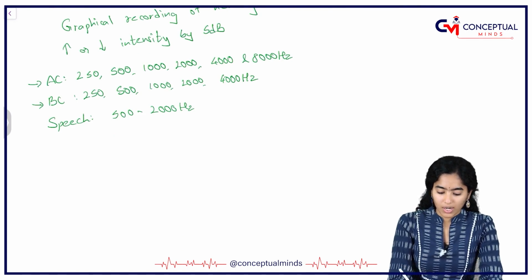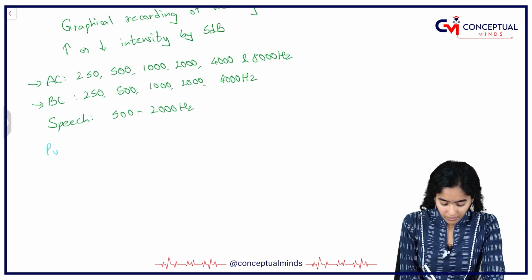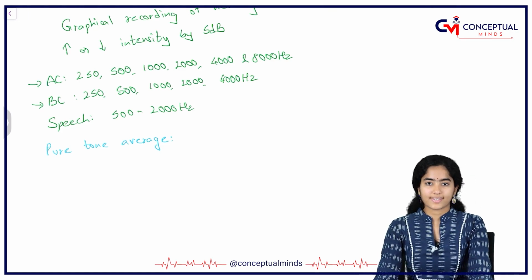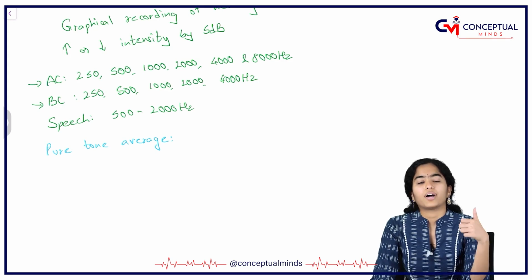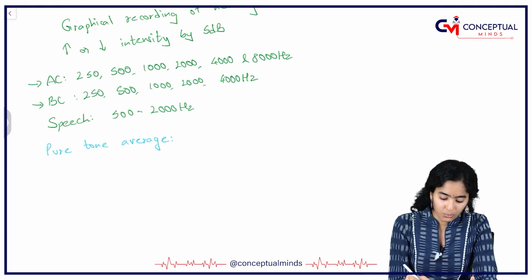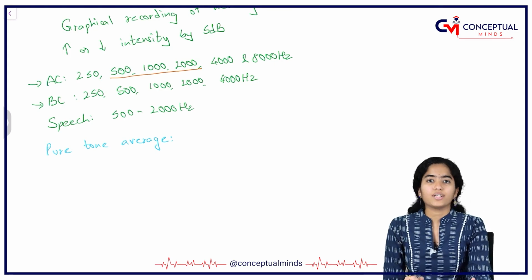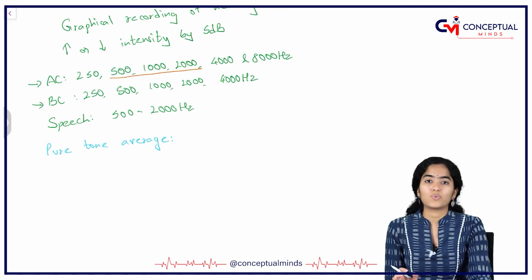So there is something called as pure tone average. What is pure tone average? It is average of air conduction thresholds of 500, 1000 and 2000. We are checking for various levels, but we select 500, 1000 and 2000 and take an average of them, and that is called as pure tone average, and that is very much useful.